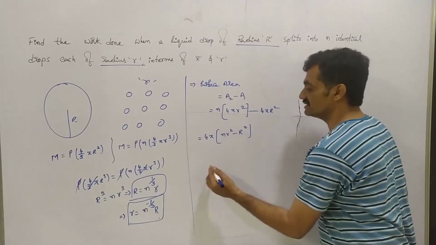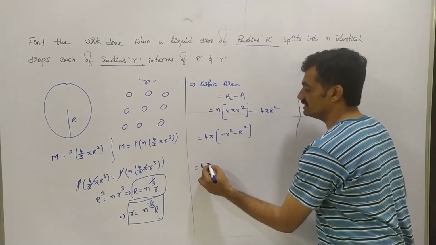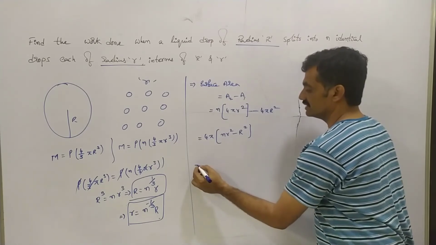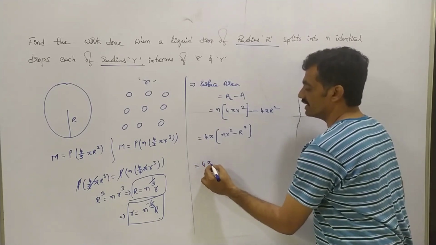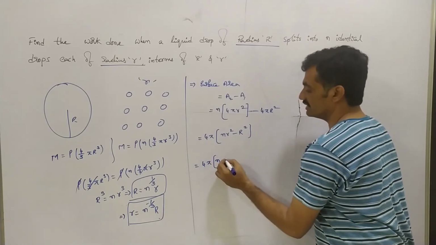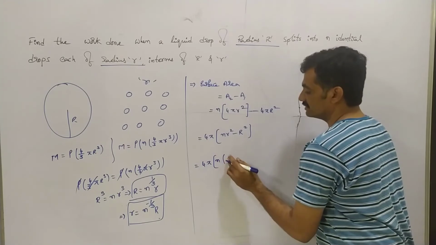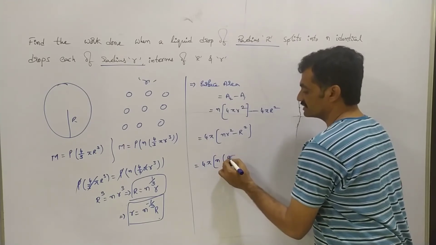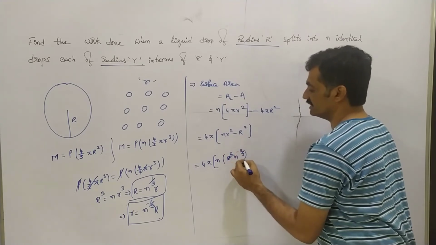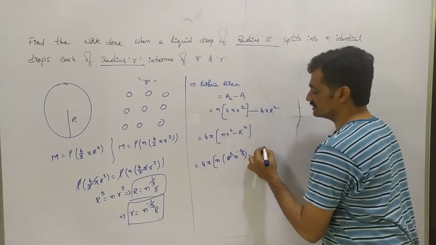When we substitute this here, it can be represented as 4 pi into n into the value of small r, which is capital R square into n to the power of minus 2 by 3, minus R square.